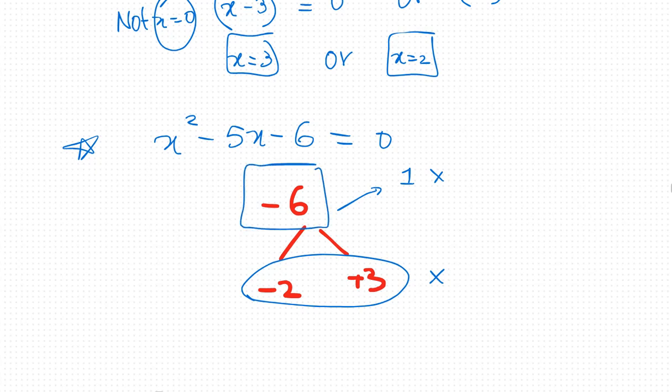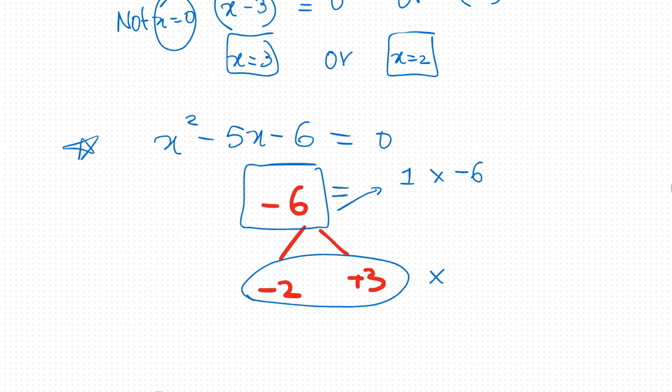See, negative 6 product is 1 times what? 1 times negative 6 is equal to negative 6.